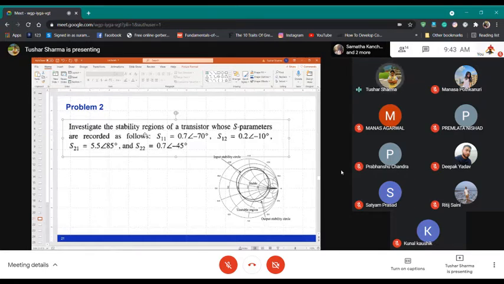I don't know if you guys want to quickly calculate K and delta in this question, or maybe I can do it. So in this particular case, S11 is less than 1, first of all, and S22 is also less than 1. Both are less than 1.